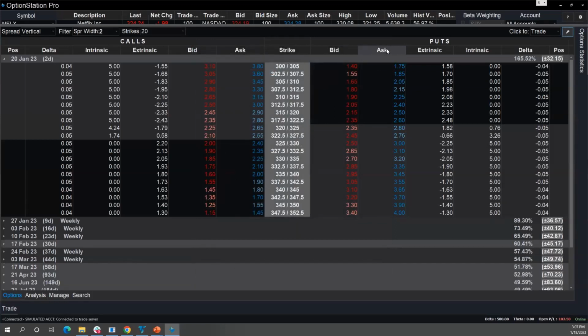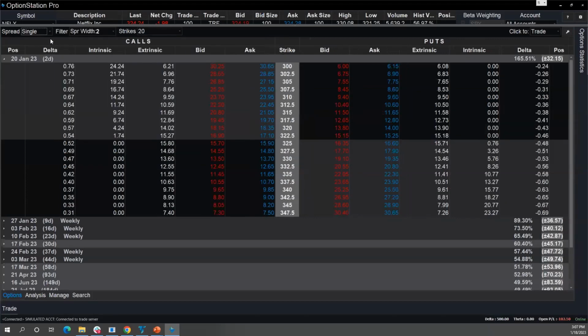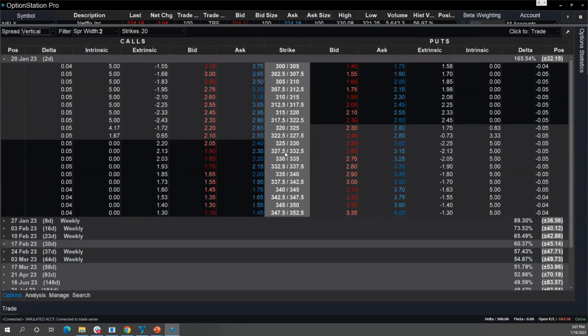Okay, so I have this set right now to vertical spreads. If a person wants to do simple calls, they can just go to single. In this case, I want to show you the vertical. So you can set it to vertical, and then look at something like Netflix.